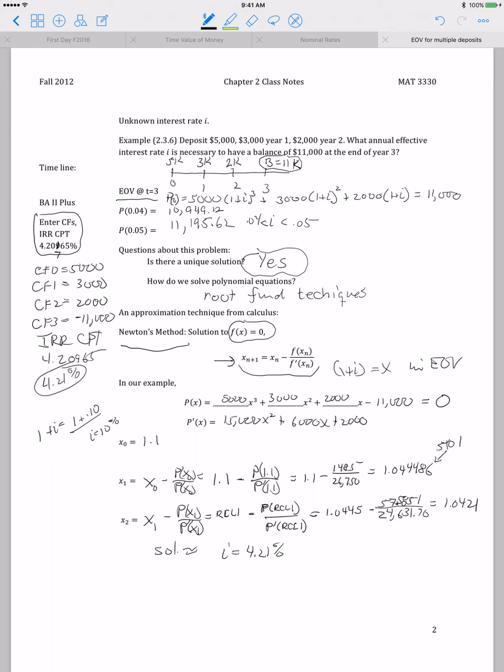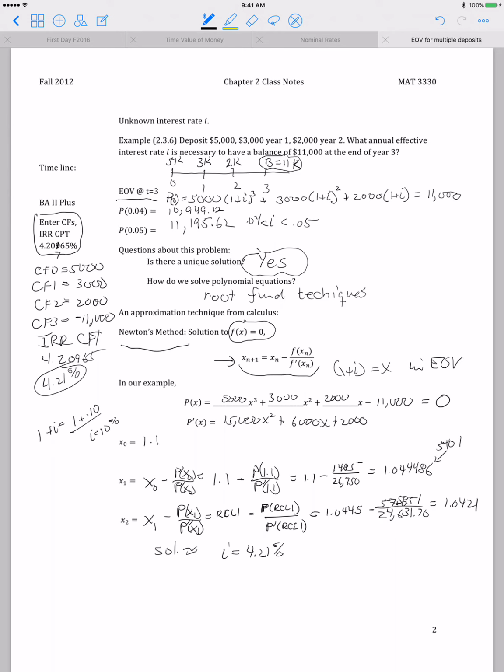We see that we need to know root finding techniques, and we can use our cash flow worksheet in our calculator to find the roots of these equations of value using our IRR computational functionality of the calculator.